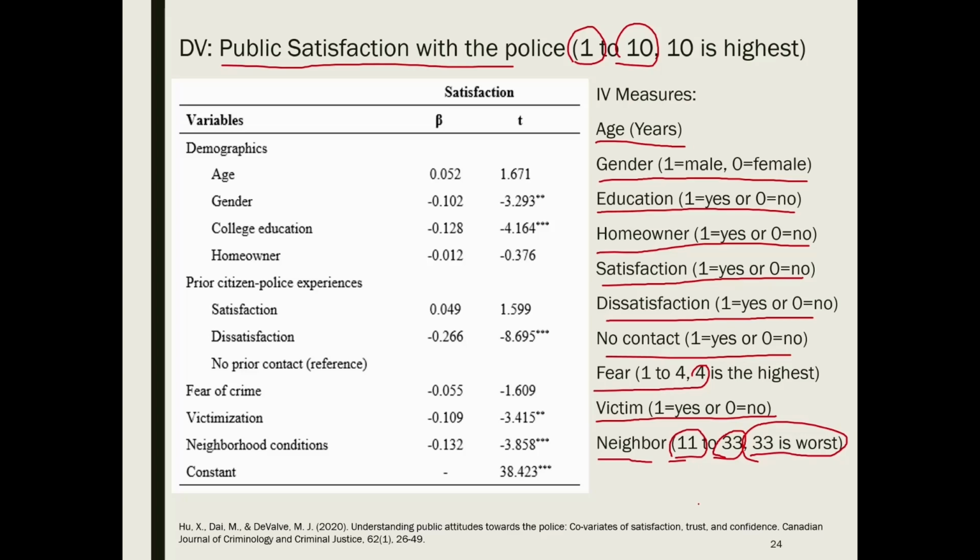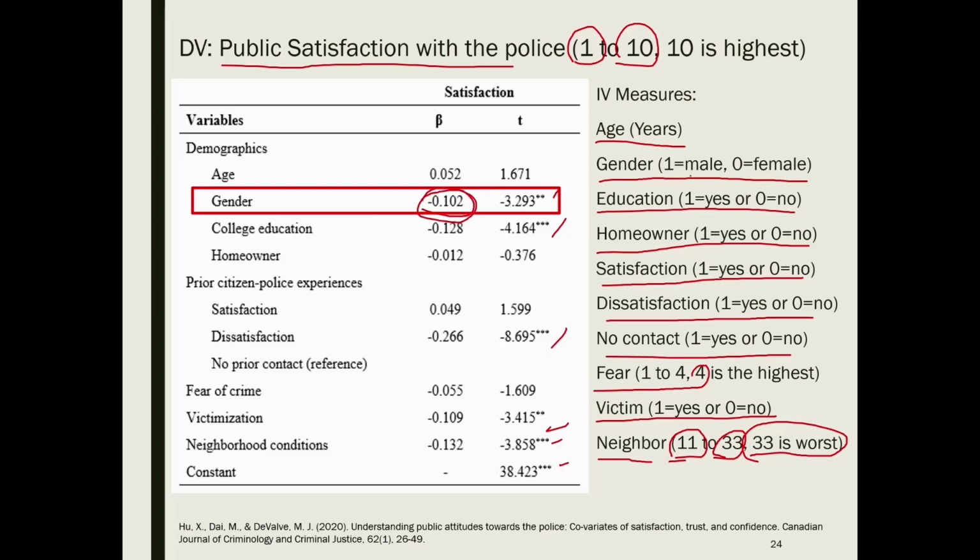Okay, so again, here we are looking at the variables that have a significant impact. With those little stars here, right? First of all, gender. The gender is going to be a negative coefficient.